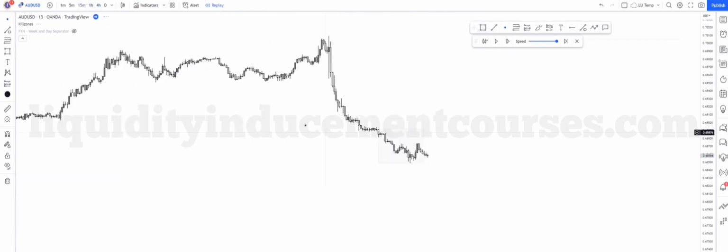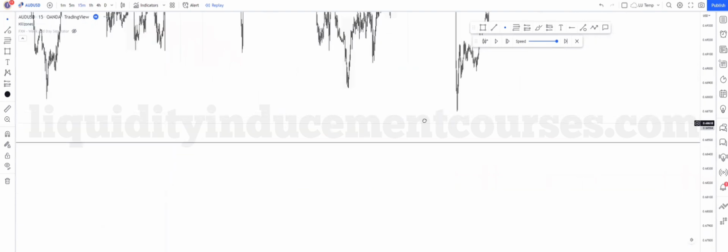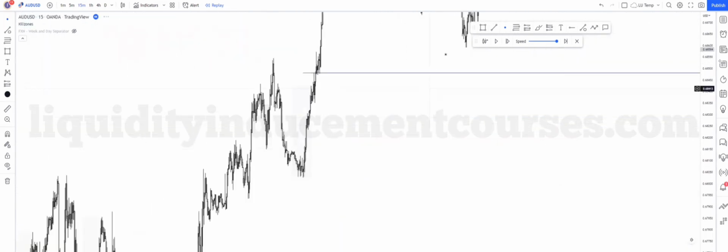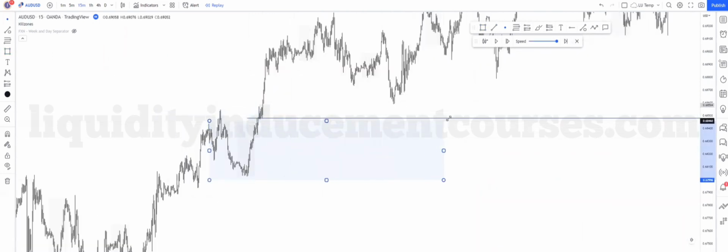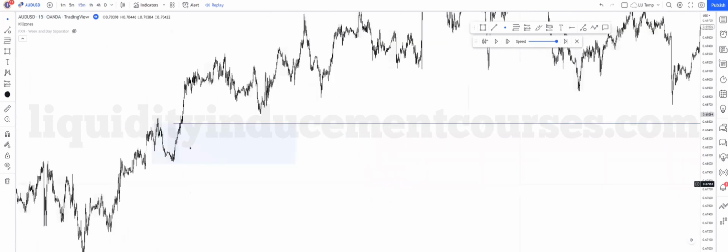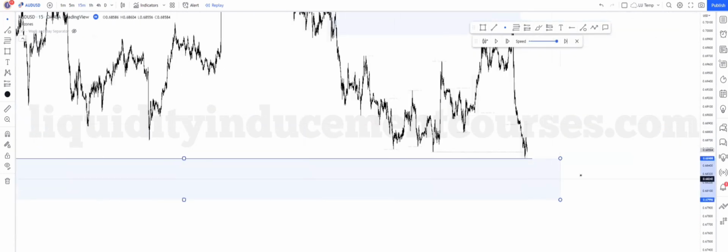If we drop down to the 15-minute and we go over here, you're going to see that all of this is simply a strong low. You see that? So all of this is your point of interest. Price can come down into this area, but this is your buy zone. So it can do all of this, come down lower if it wanted to, and then go long.